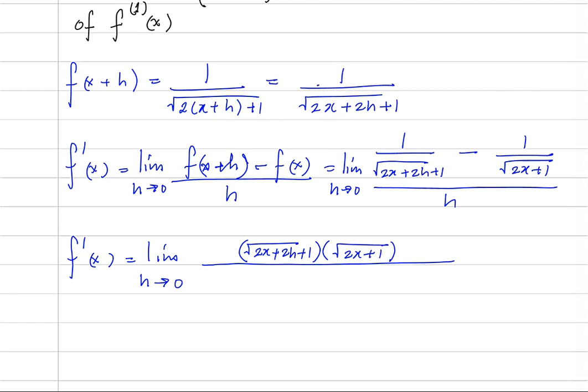And at the top I'm going to have the root of 2x plus 1 minus the root of 2x plus 2h plus 1. And this is all still over h.